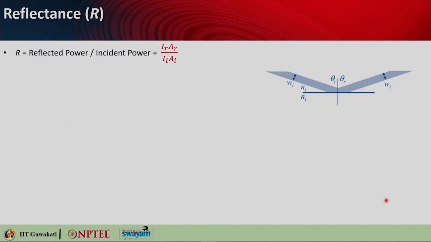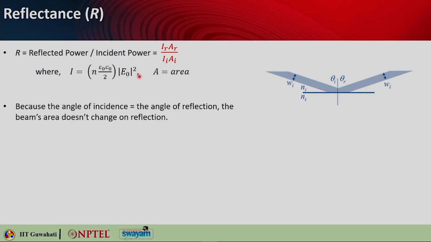Similarly, in the case of reflectance, life is slightly easier, because here the beam width will be the same since the beam is in the same medium. So you do not need to worry about the area, because A_R and A_I will be the same. Intensity is proportional to n and also E naught square. Again here n remains the same, so only E naught square will come in the ratio.